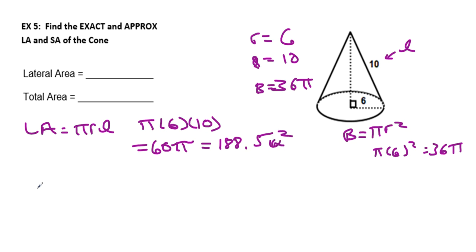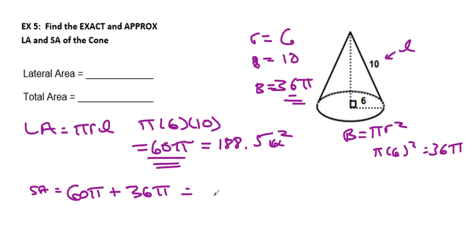Your total surface area is this plus the area of the base. So you can still plug it all in if you want, but there's really no reason to. It's just going to be 60 pi plus, because I already did area of the base, 36 pi, which is equal to 96 pi, which is about 301.5 units squared. All right? That's all we're doing.